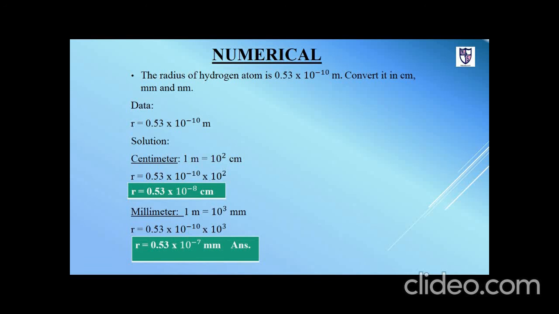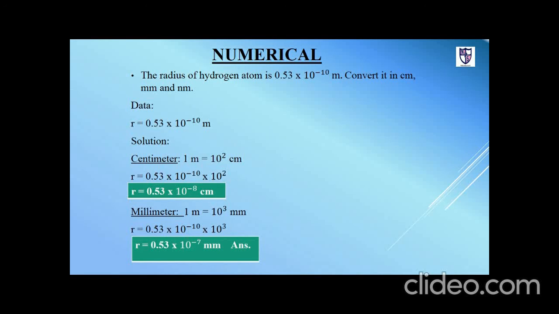So if 1 meter is equal to 100 centimeter, we can say that 0.53 exponent minus 10 multiplied by 10 square centimeter. Writing 0.53 as it is and calculating the exponent, we have powers minus 10 and plus 2.